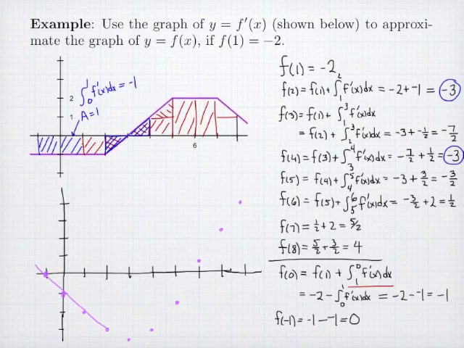The derivative was constant. So my antiderivative is going to be a straight line. Also, from 5 to 7, let's see, where's 5? 1, 2, 3, 4, 5. I also have a straight line.